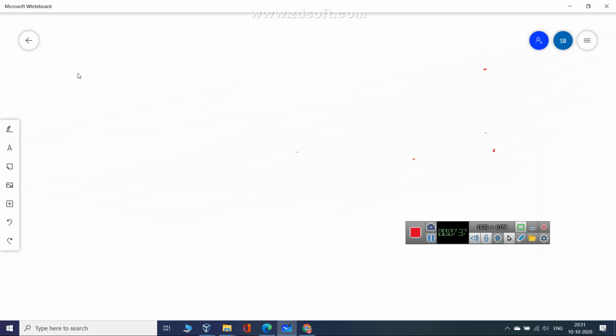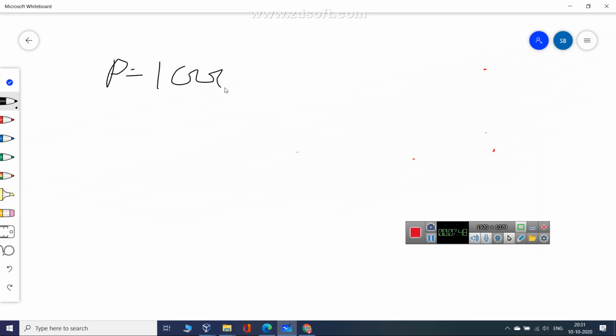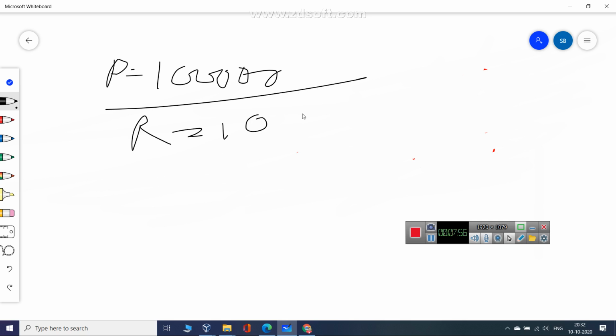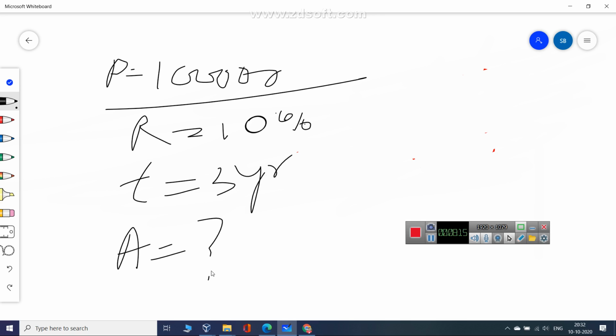In the question we have P equal to 1 lakh, or 100,000, and we have R equal to 10% per annum, T equal to 3 years. So we have to find the amount A.